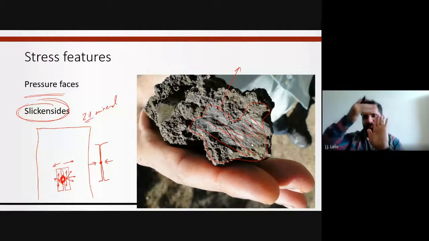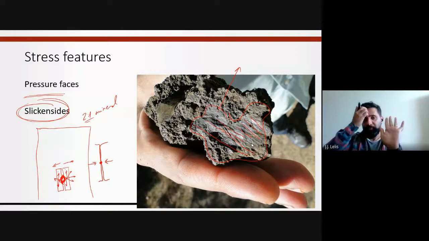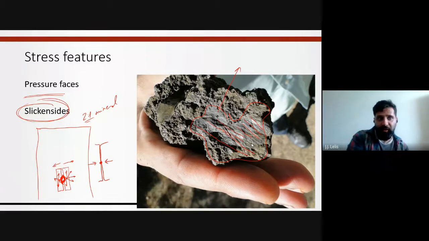They are not formed only by the deposition of the material. So the clay coatings are formed by calm water that deposits clay on the surface of the pads. And the stress features are formed in stress conditions, by high pressure of these surfaces that create these shiny surfaces. Okay?